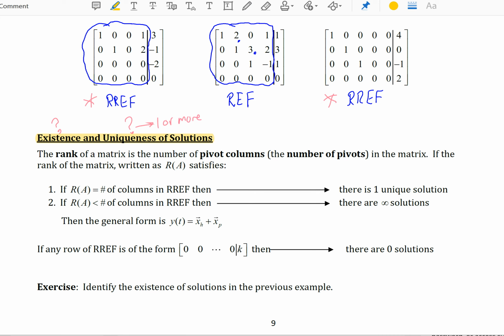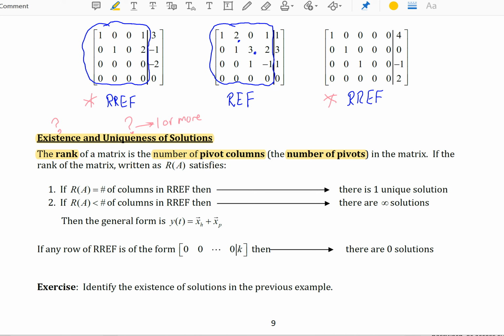So to do this, let's talk about the rank. The rank of a matrix is the number of pivot columns or the number of pivots that it has. It's the number of ones that we have down that diagonal. If the rank of a matrix, written as R of A, rank of the matrix A, satisfies the following.